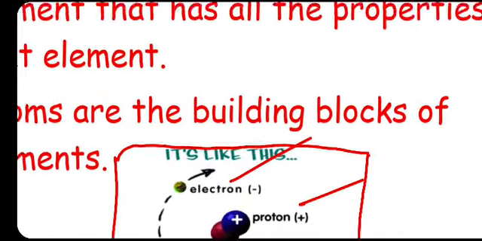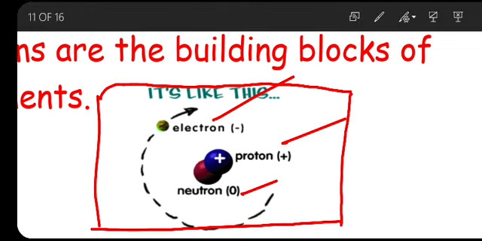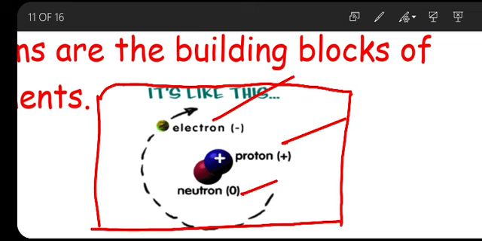Can you see in this image, my dear children? There is a center portion having your neutron and proton. Surrounded by that, you have a circle called electron. There is also an atom present. These are all nothing but the particles making up the atom.